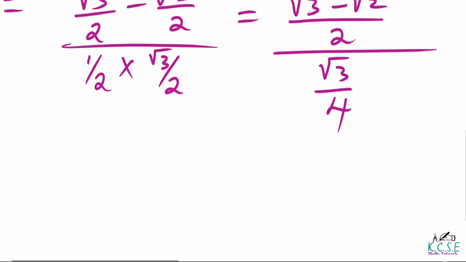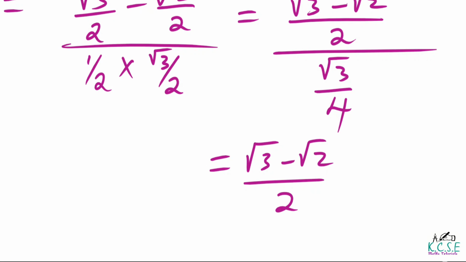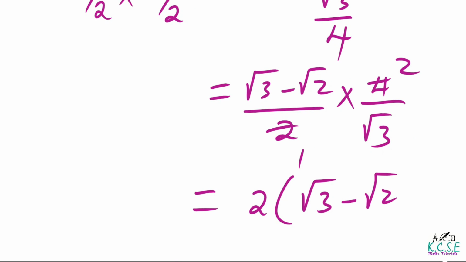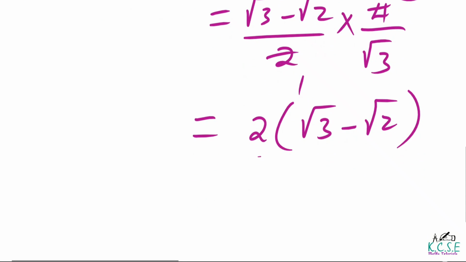So we can go ahead and get root 3 minus root 2 divided by 2, multiplied by the reciprocal of this, which will give 4 over root 3. So we can cancel 2 into 2, and this will cancel 2 into 4. So we have 2 times bracket root 3 minus root 2, and everything is divided by root 3.